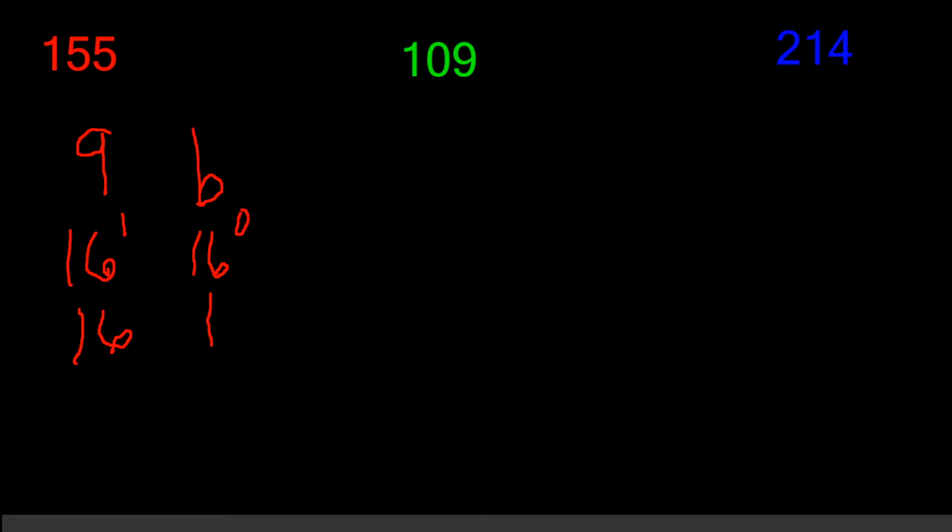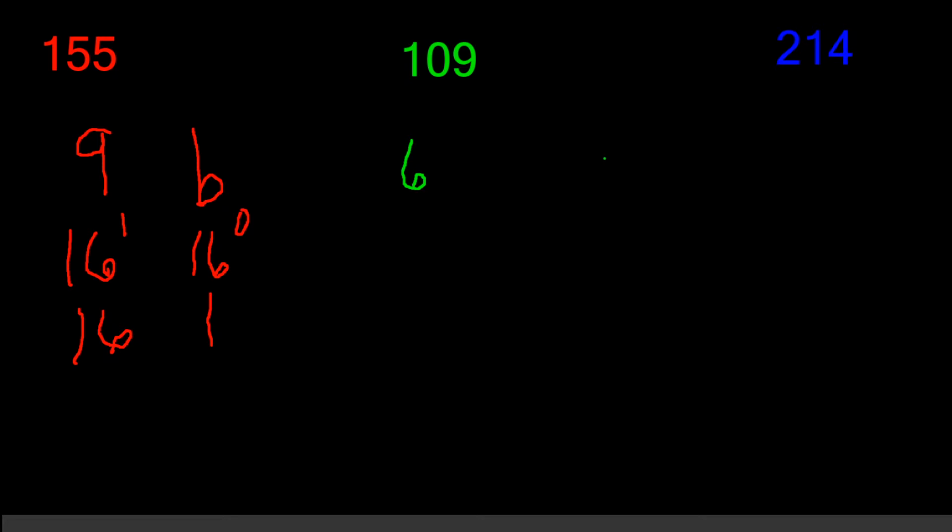So we can do the same thing for 109 here. We can say 109 divided by 16. Okay, well that's 6. So our first number is going to be 6 here. 6 times 16 equals 96. So 109 minus 96 is 13, right?